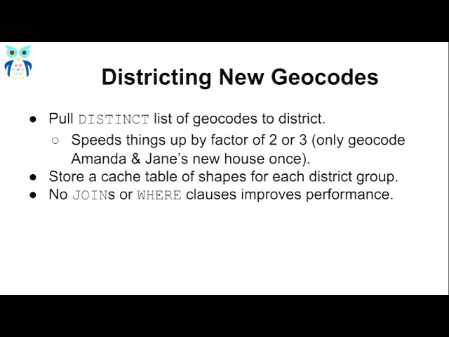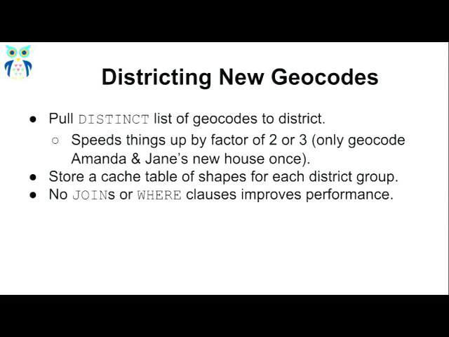And I also have my ginormous district shapes table, but I also have a cache table for every district group that's a granularity, so that if I'm looking at what medium hexagon these geocodes that I'm districting are in, I just look at the shapes for the medium hexagons.